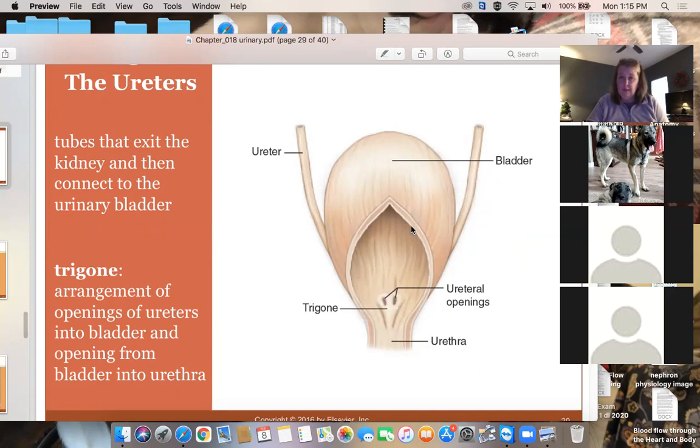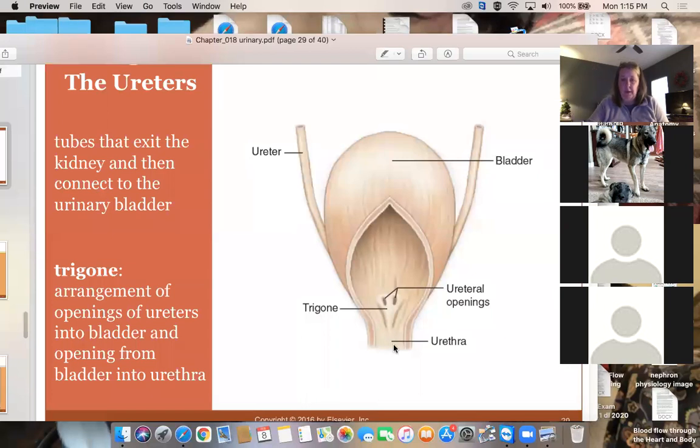So when the bladder is empty, it constricts down, like kind of shrivels up. And then when urine starts, and urine, I should say, urine is made continuously. So as soon as the bladder is empty, urine is going to continuously flow into the bladder, and it's going to start to stretch and stretch and stretch.